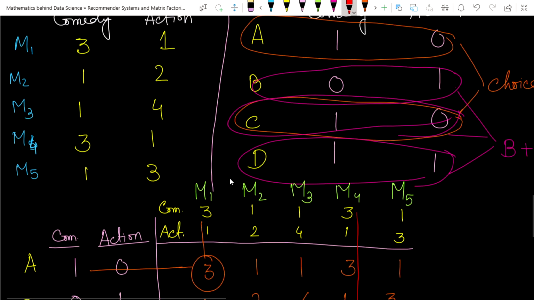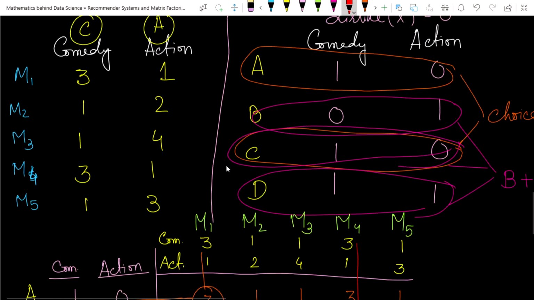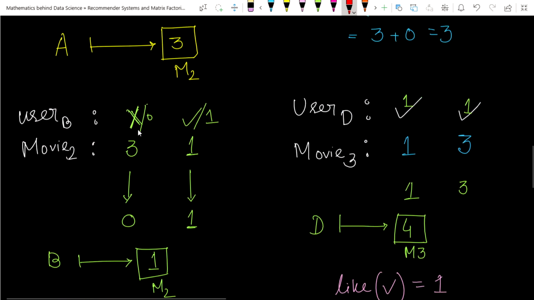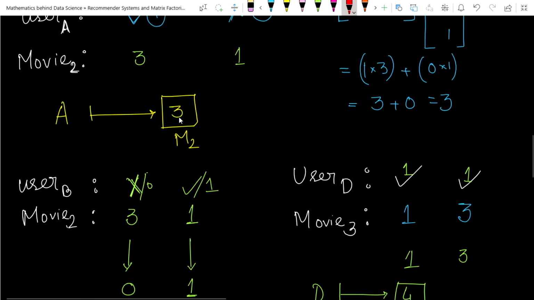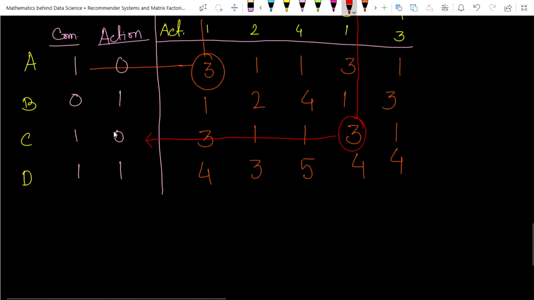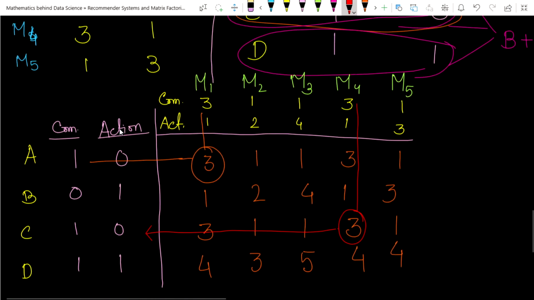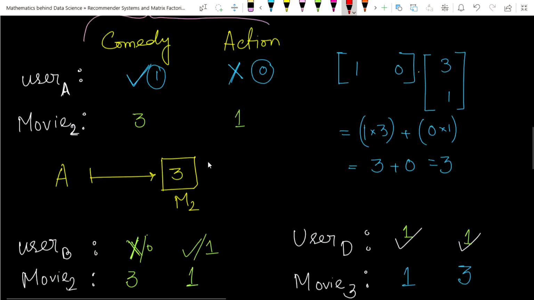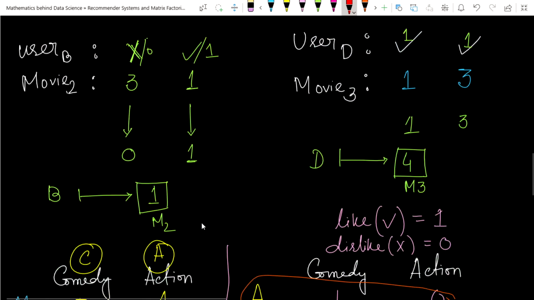So these are the things that we have got. For user A, it looks like this: 1 0 3 1. He gave the rating 3, and here we expect that he also gives 3. That's the thing.